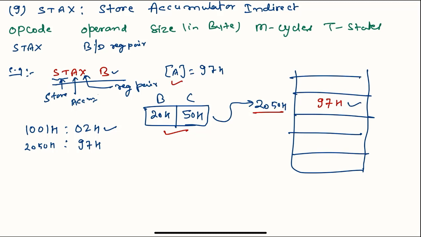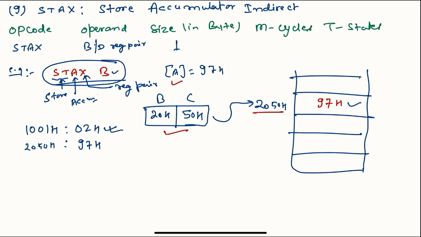Now we can find out its size. The size is in terms of bytes, and as in this instruction specification we have only English alphabet letters, it means its size is only 1 byte. And how many machine cycles? For complete execution of this instruction, it accesses the memory organization 2 times.